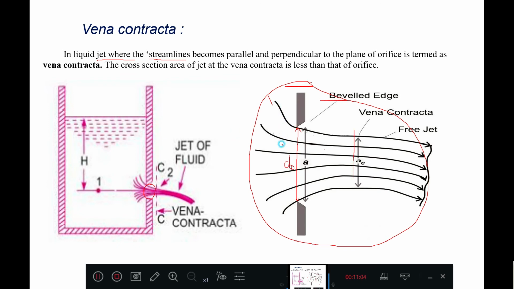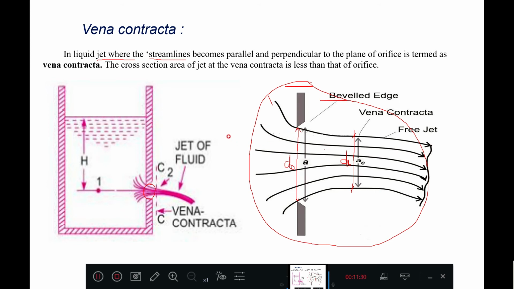And if you take this portion, this is the diameter of the contracted portion. This diameter will be less than the diameter of the orifice, meaning the jet is contracting here. When it contracts, automatically the diameter gets reduced, and this region diameter will be lesser than the diameter of the orifice.